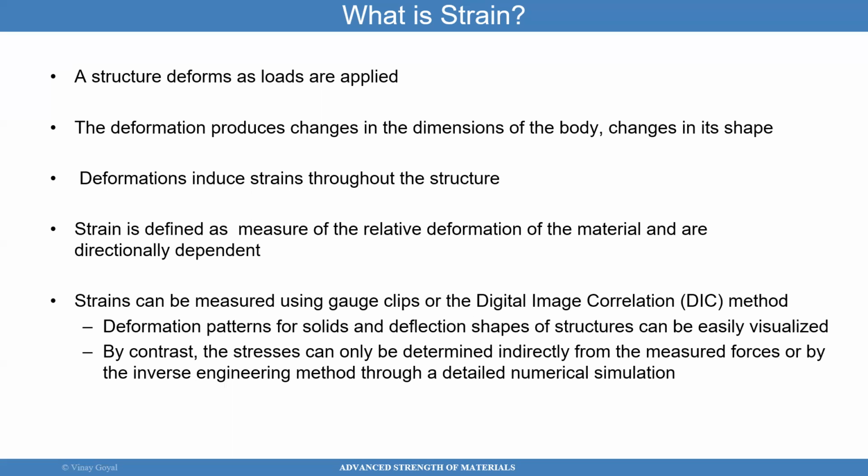Now, strains are really good quantities to look for because you can actually measure the strain using strain gauges, which is an instrumentation technique to measure the strain on the surface of a structure. More modern techniques include digital image correlation, where you put a speckle pattern, and the speckle pattern with a spatial video system allows you to record the strains across a structural system.